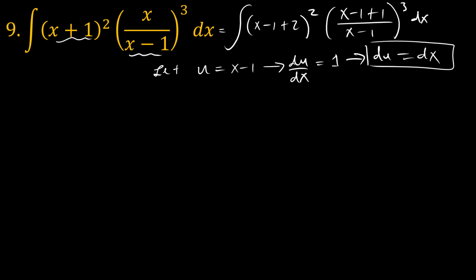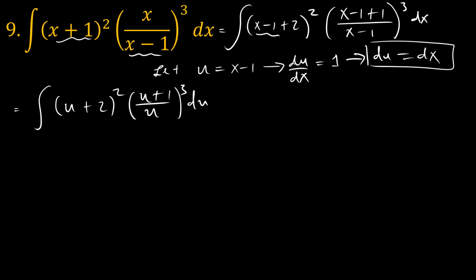And so we can rewrite our problem: in place of x minus 1, we have u. So we have u plus 2 squared times u plus 1 over u cubed, and in place of dx, we have du.